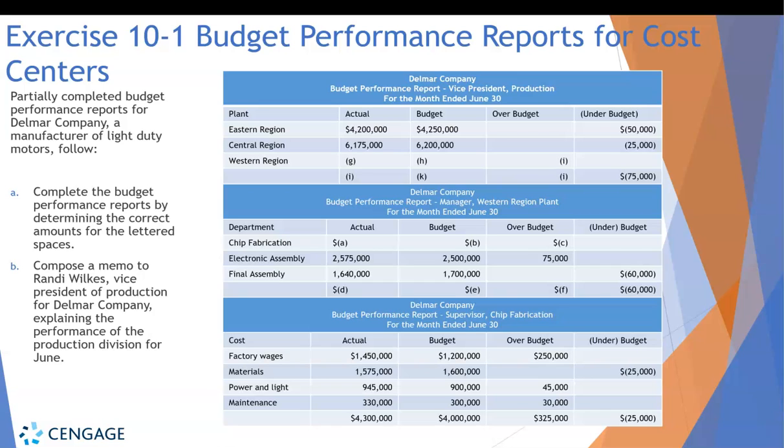Our job is to complete the budget performance reports by determining the correct amounts for the lettered spaces and then compose a memo explaining the performance of just the production division for the month of June.